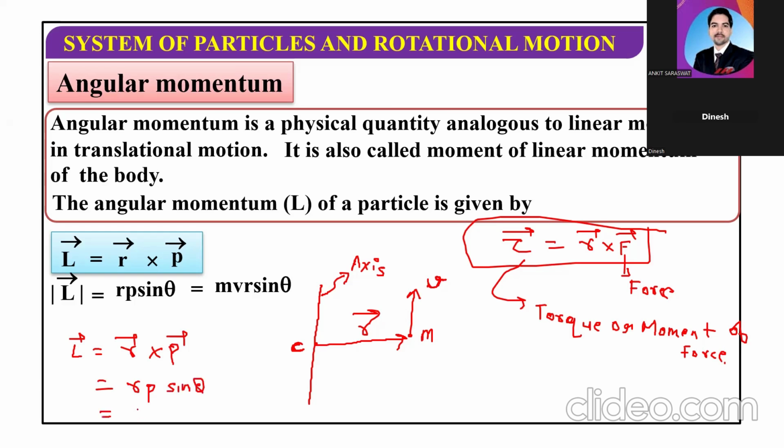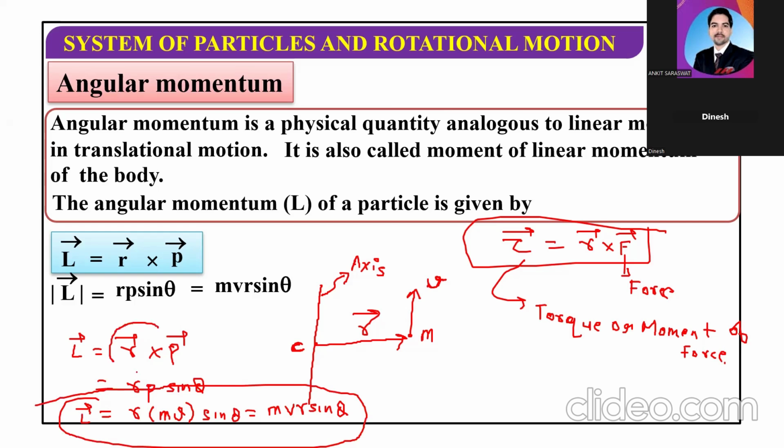I will tell you the direction. What is momentum? Mass into velocity. So mvr sin theta. Direction will be given by r cross p, or r cross v.